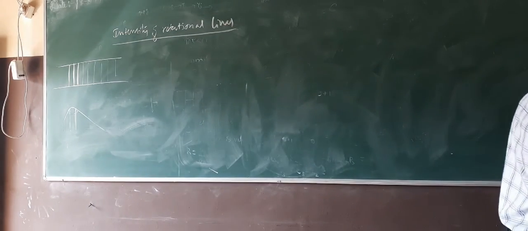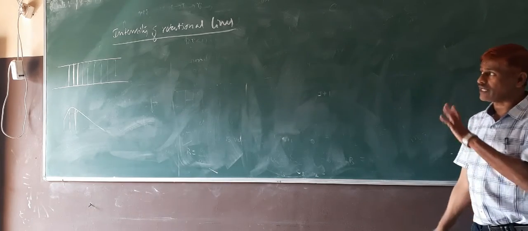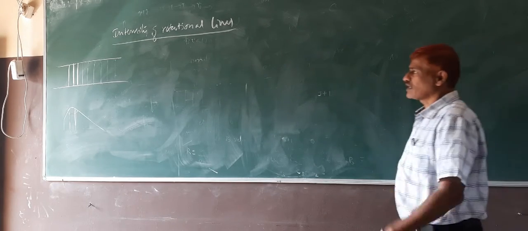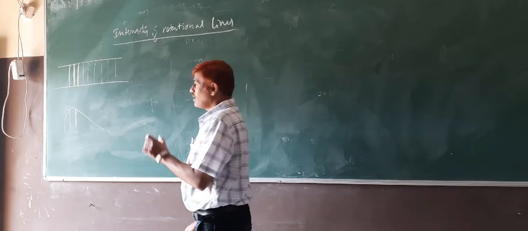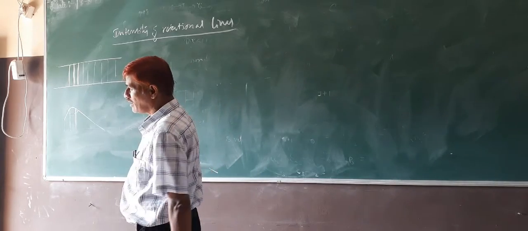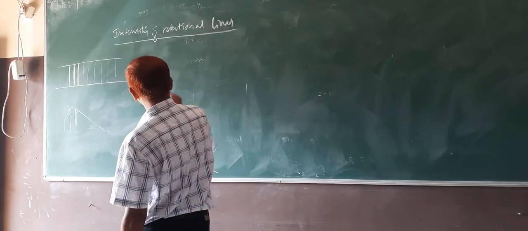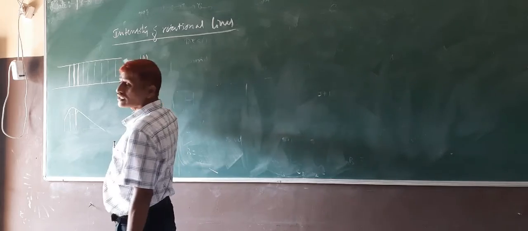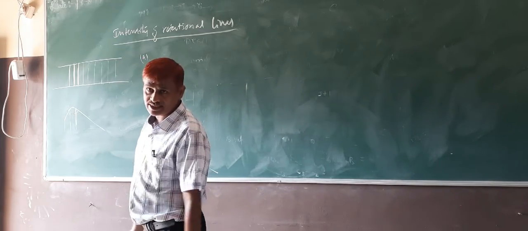And you see why that is happening. Of course, the gap is 2B only, but why are some lines more intense than the others? That was our discussion. There are three things that you have to address.